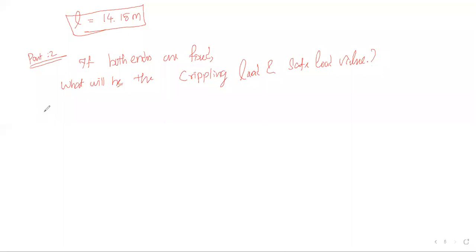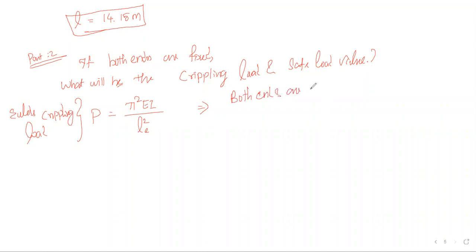Okay, we all know that Euler's crippling load, P is equal to pi squared EI by Le squared. If both ends are fixed, then Le is equal to L by 2.